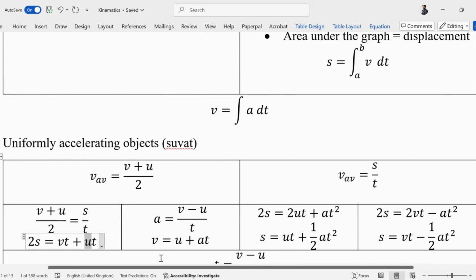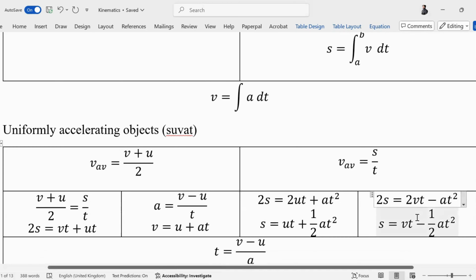In mechanics हम तीन use करते थे maximum. In mechanics ये चार हम ज़्यादा use करेंगे. ये पहली वाली जो है it's very rarely used but it can be. So 2s equals vt plus vt minus at square, so 2vt minus at square. Now divide by 2, so s becomes equal to vt minus half at square. This is without u. Is that right?